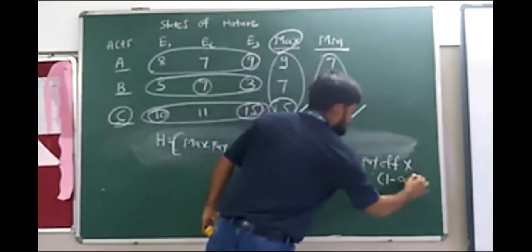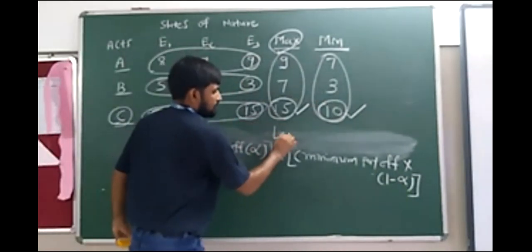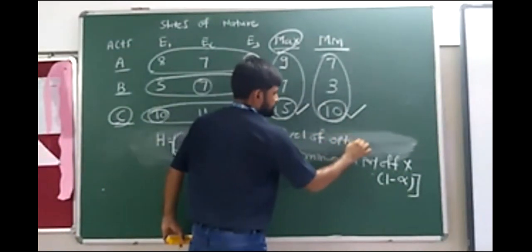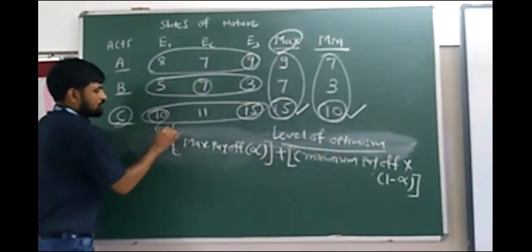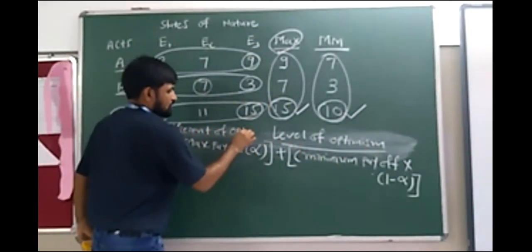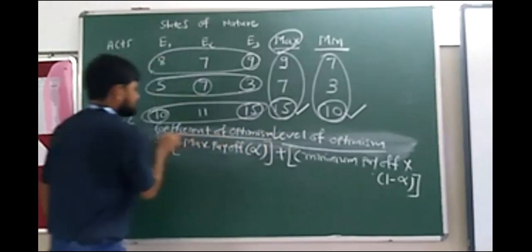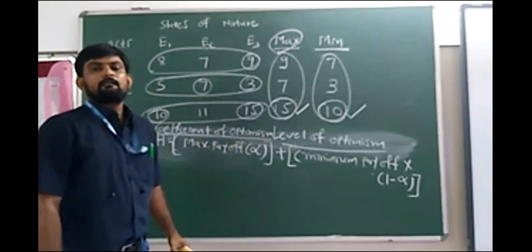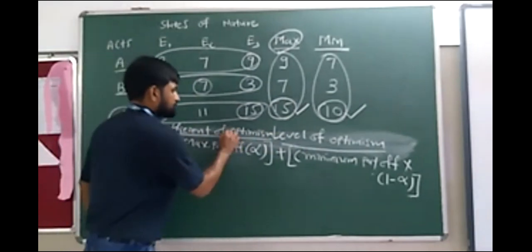Here alpha is a level of optimism, a coefficient of optimism. That means from past experience, the decision maker can decide this level of optimism or coefficient of optimism.